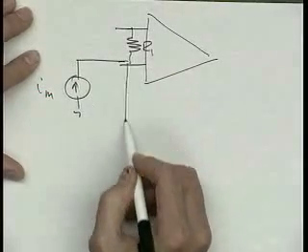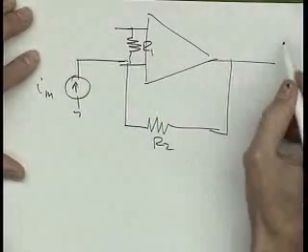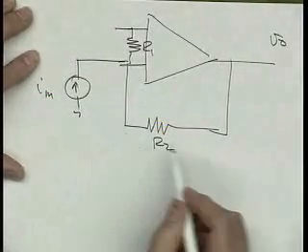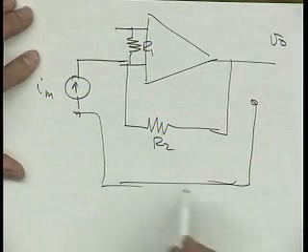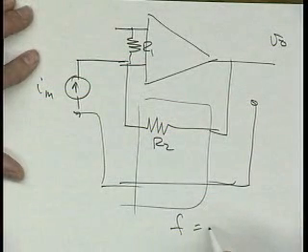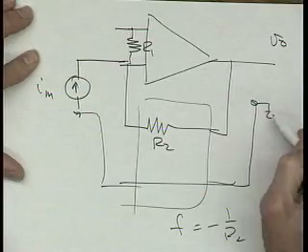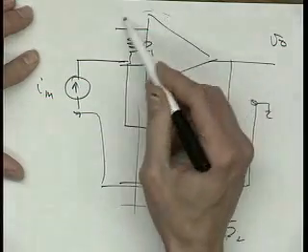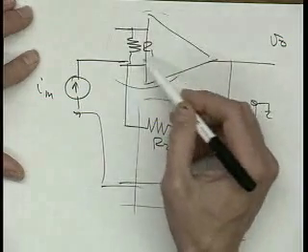R1, R2, and here's V out. All right. Okay, so here's the feedback now. It's R2, and F is still going to be the same as before, minus 1 over R2, just like before. Now our basic amplifier, instead of an input resistance of infinity, is going to have input resistance of R1.